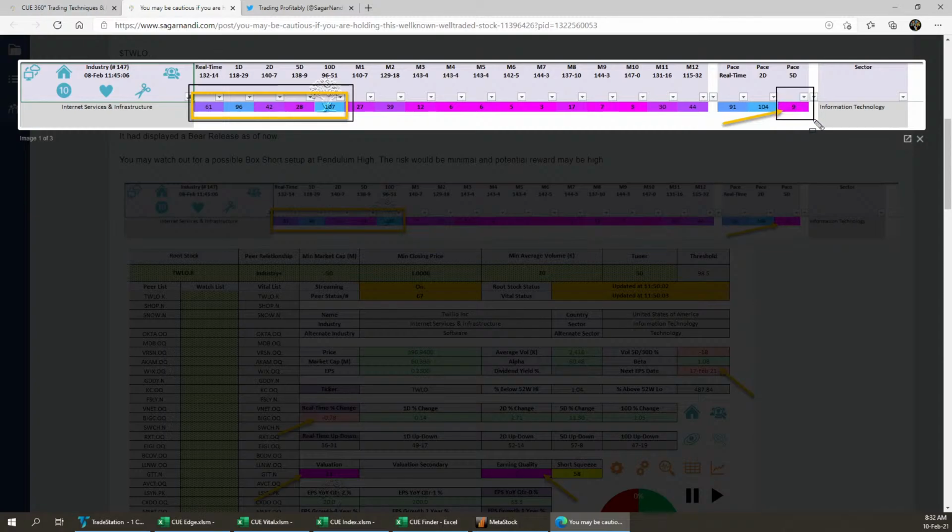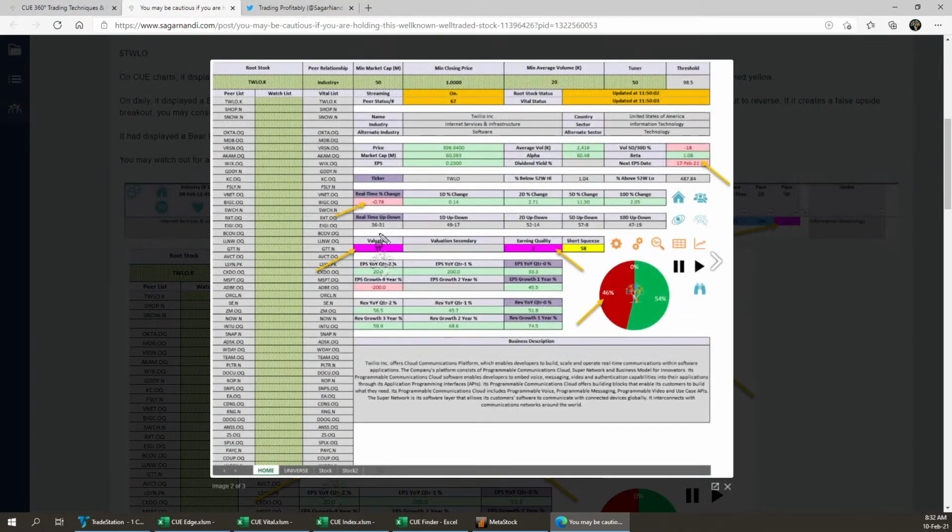However, it was decelerating, which allowed shorting. TWLO was overvalued with poor earnings quality. It has earnings growth, however, overvalued stock, and on that day when I shared the idea, it was down. So one could think of shorting it based on valuation.